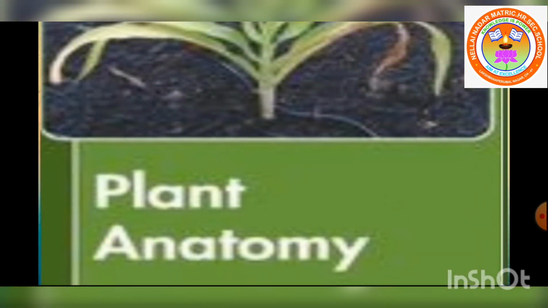Next, plant anatomy. This is another branch of botany. Anatomy is the study of the internal structure of plants. Plant anatomy deals with the study of the internal structure of plants.